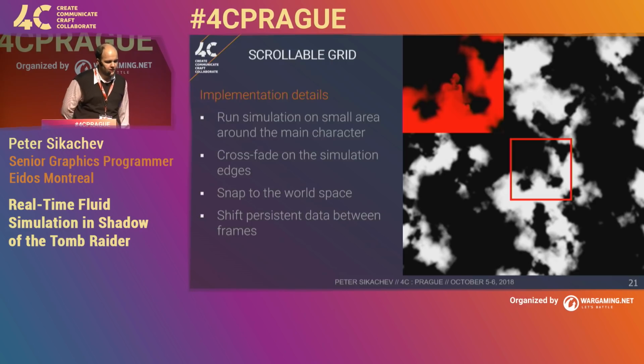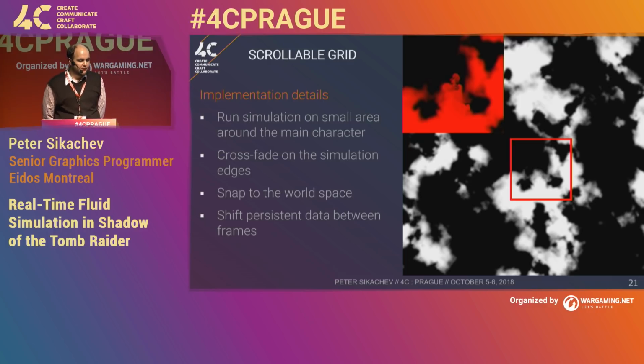Okay, so let's talk about implementation details. Here you can see in white, this is our static mask. And then what we can do, we can disturb it while moving the character. And then in the red, you can see a close-up of our simulation area.